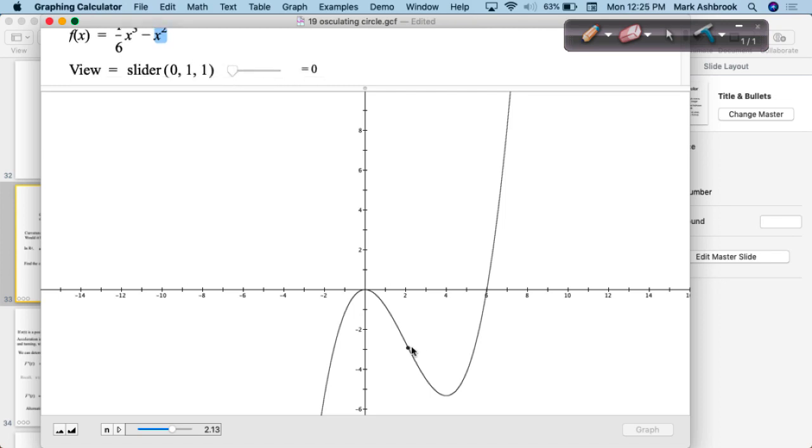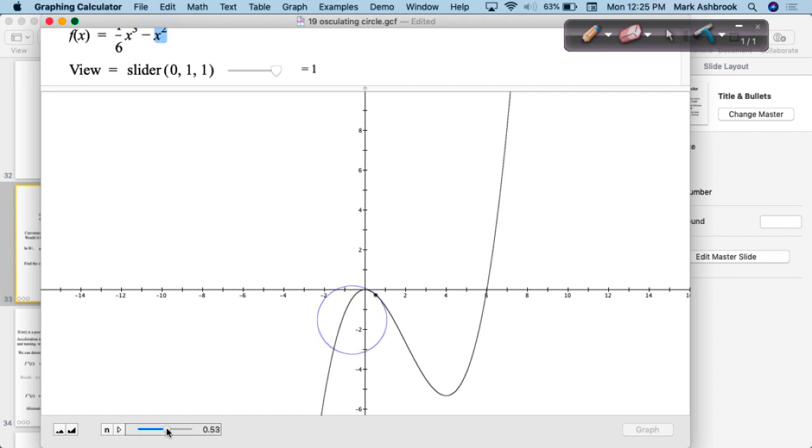So let's start, say, here. There's the osculating circle for that point right there. The minimum radius is maximum curvature right here. Minimum radius, maximum curvature.